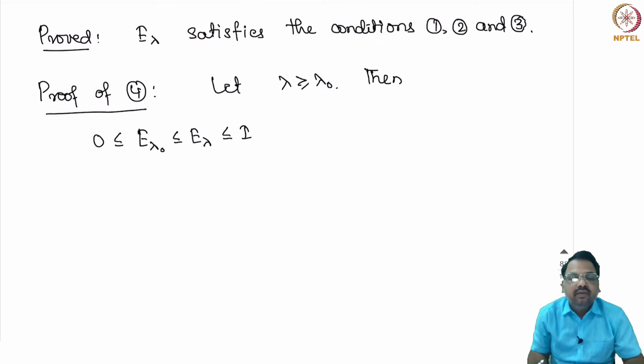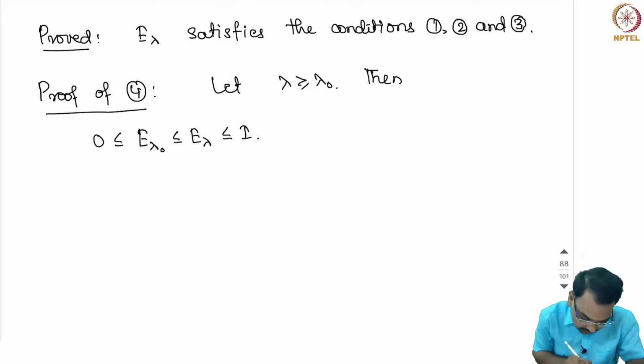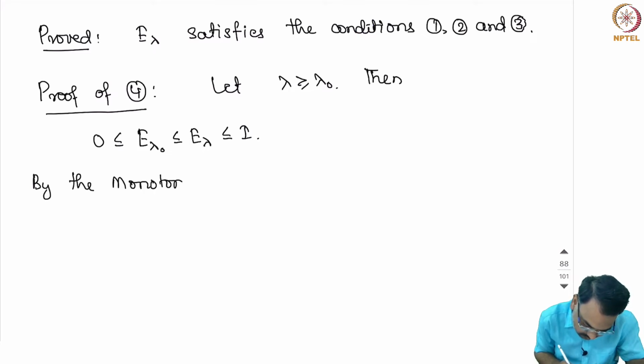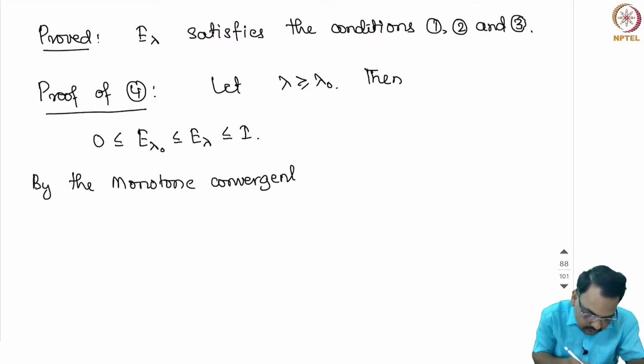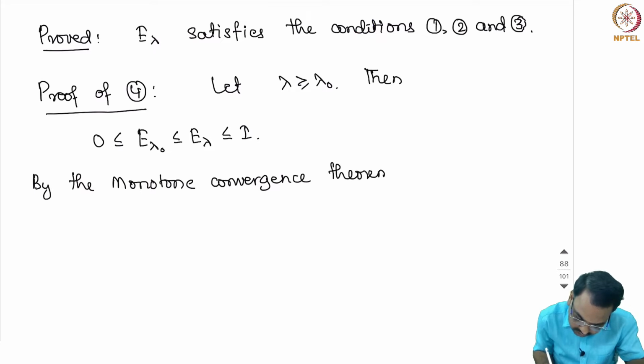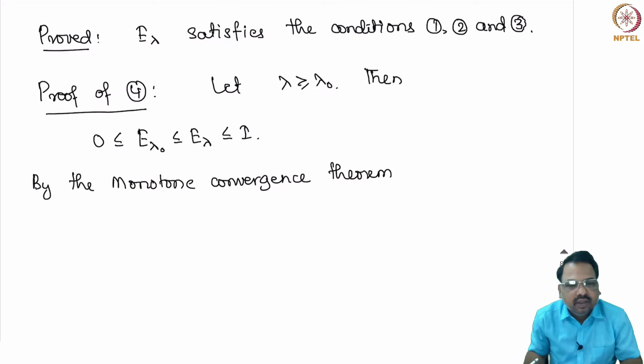By the monotone convergence theorem, we can show that this E lambda converges to some self-adjoint operator with respect to the strong operator topology. We have shown that the monotone convergence theorem takes place for a sequence of self-adjoint operators bounded above by some self-adjoint operator, but the same proof works for a net of operators also.